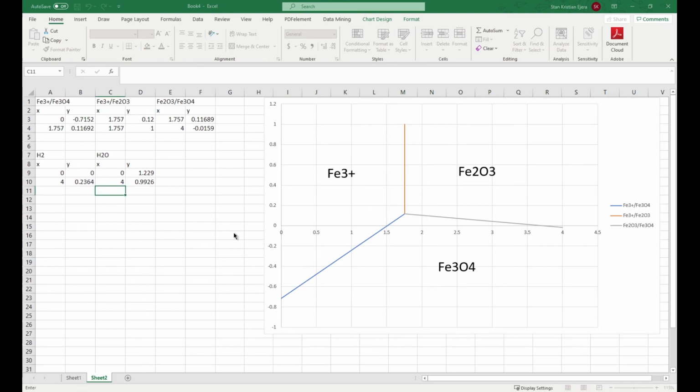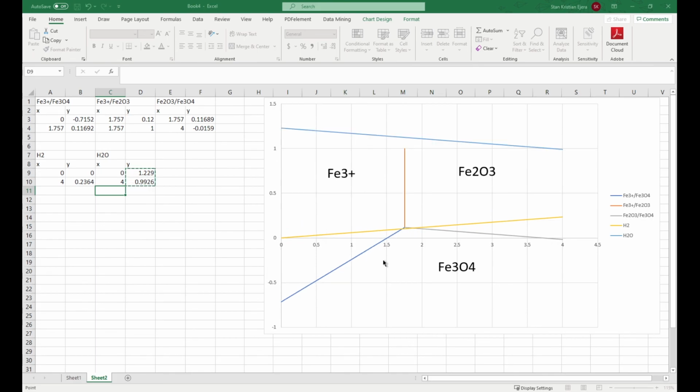So, select data. Let's add a water stability line. And let's take this as H2. X value is this one. And Y value is this one. Okay. Tapos, yung next is add another value. This one, and your Y value is this value.